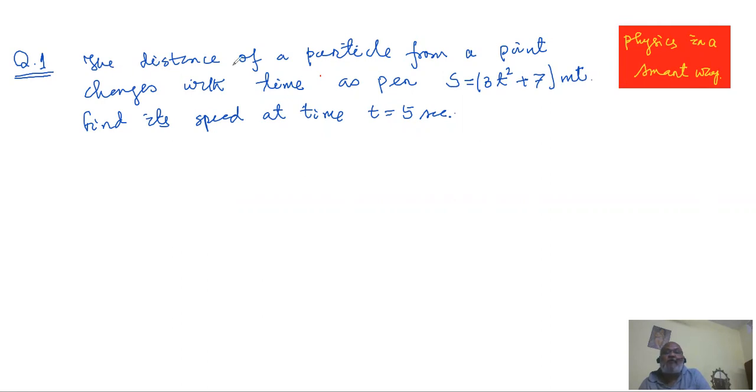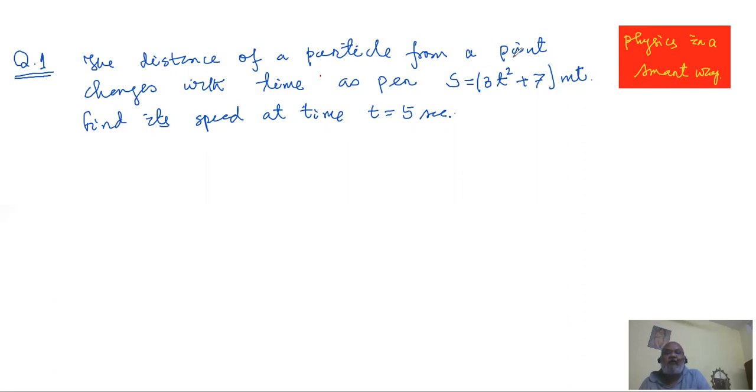The distance of a particle from a point changes with time as per s equal to 3t square plus 7 meters. Find its speed at time t equal to 5 seconds. So, as you know from the question, the particle must be moving, because if you put a different value of time, distance will become different.